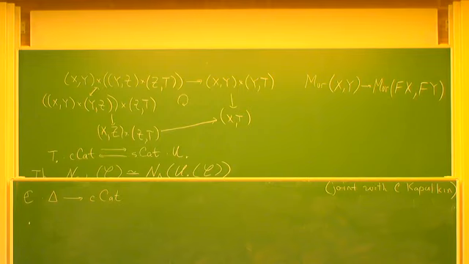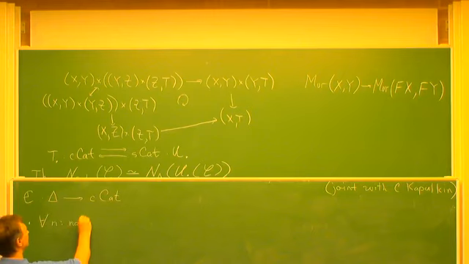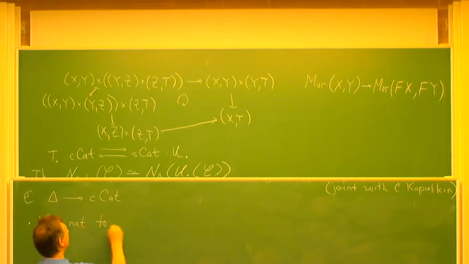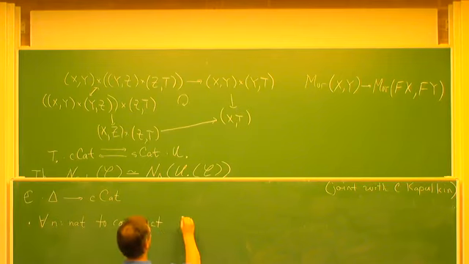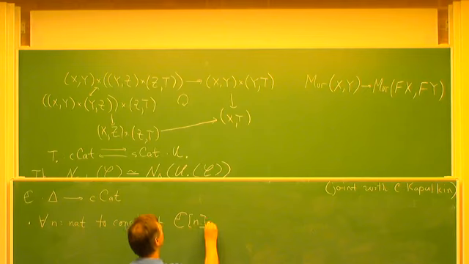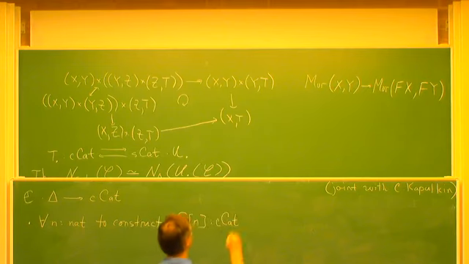So first, for all n in NAT, which is the set of objects of delta, to construct a cubical category in here.